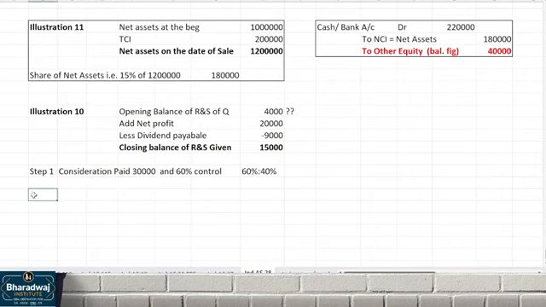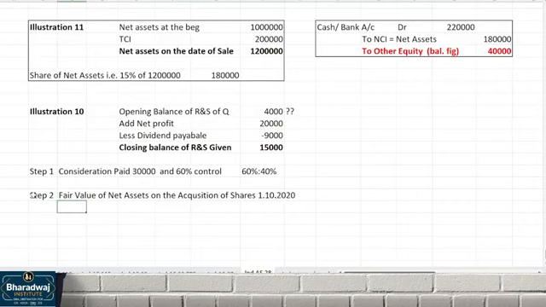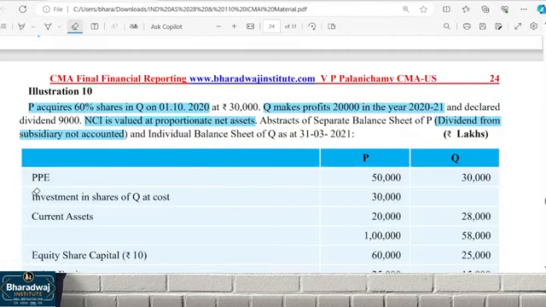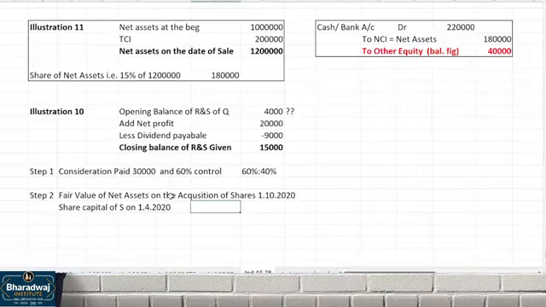Next, fair value of net assets on the acquisition of shares. When the shares are acquired, we know the share capital of S on 1/4/2020. What is the share capital of S on 1/4/2020? No change, so we can take the same 25,000.